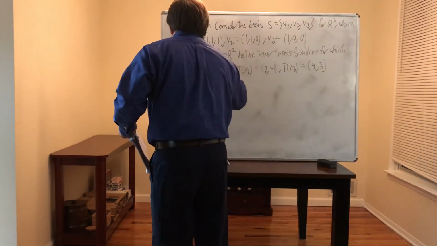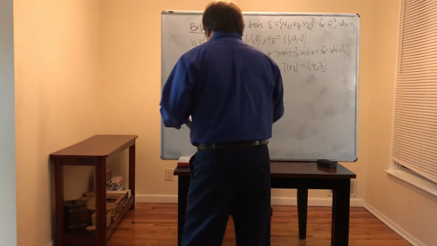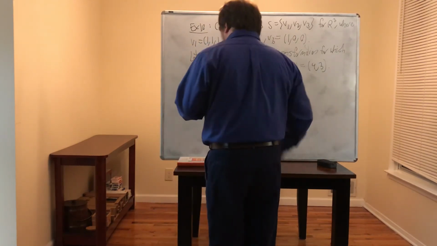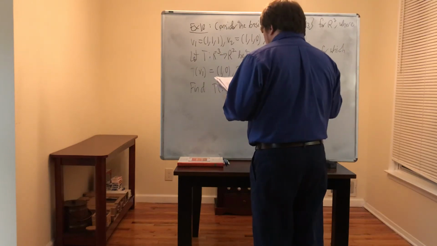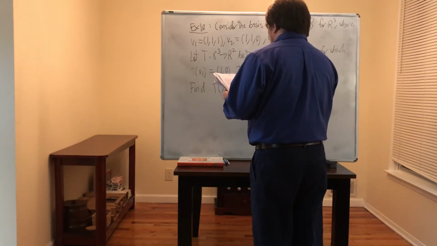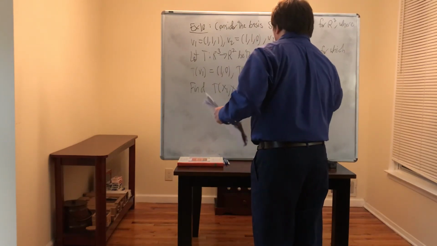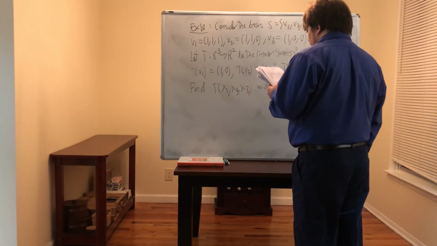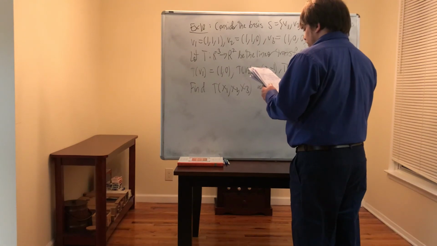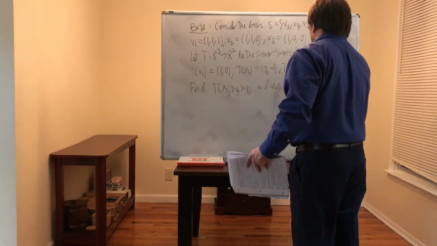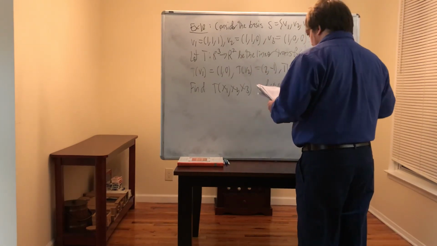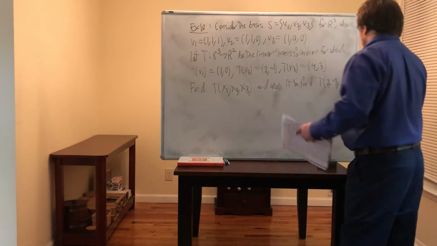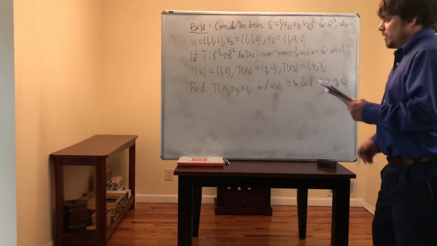Find T of x1, x2, x3, and use it to find T of 2, negative 3, 5.